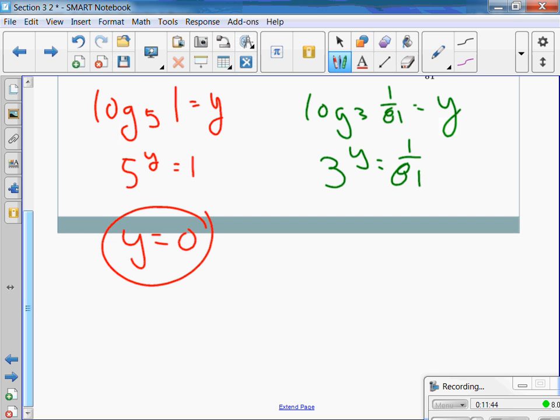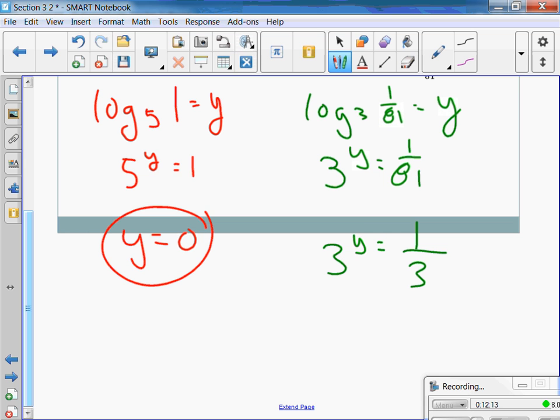What do I need to do? How can I match it then? Can I express 81 as 3 to some power? 3 to the 4th, absolutely.